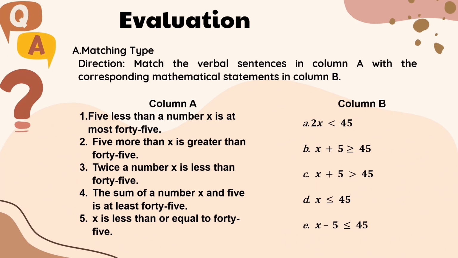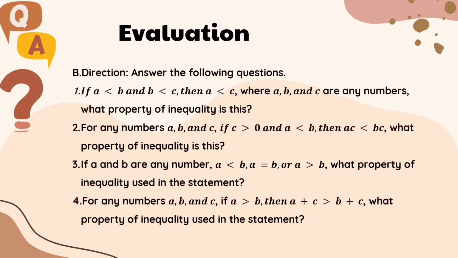And for the evaluation part, matching type, for part A, match the verbal sentences in column A with the corresponding mathematical statements in column B. For part B, directions: answer the following questions.